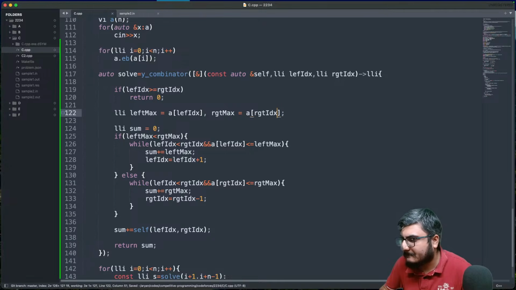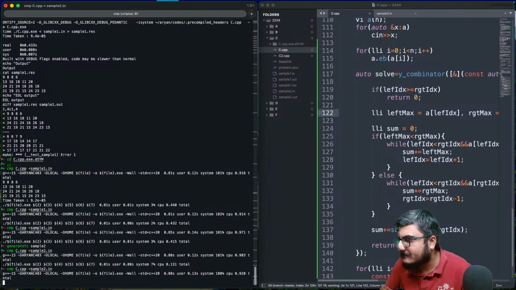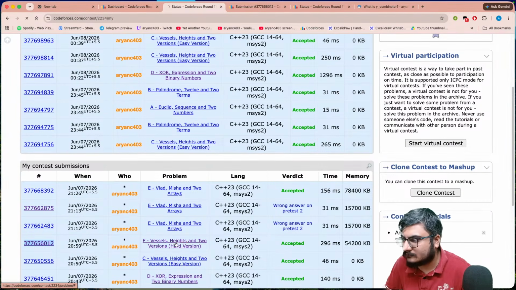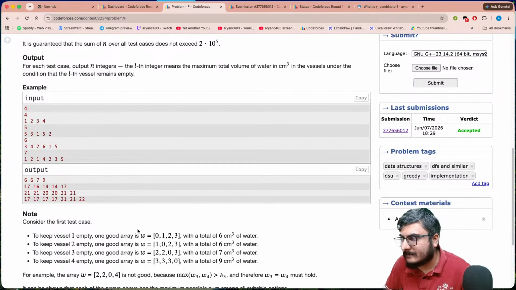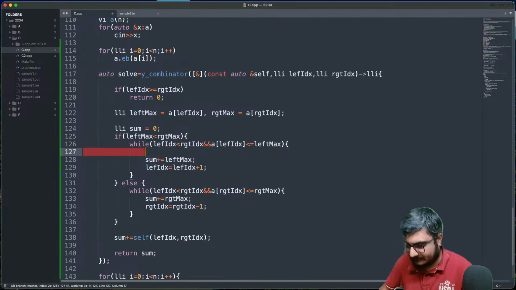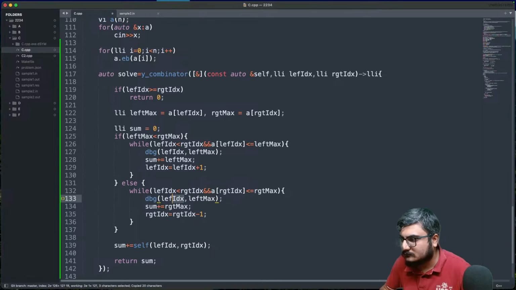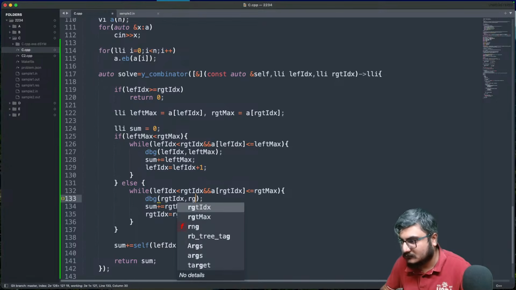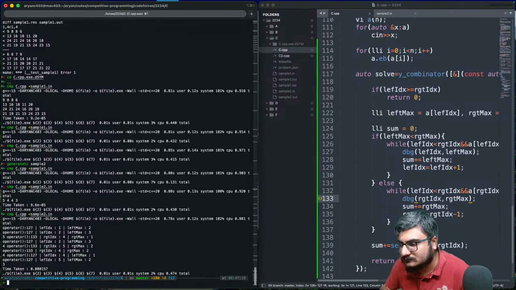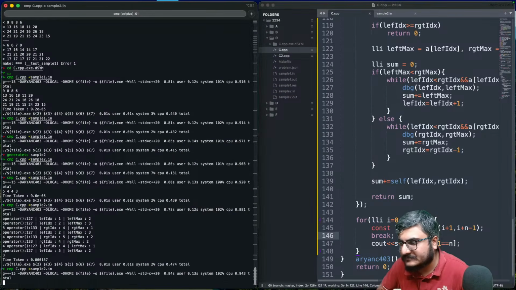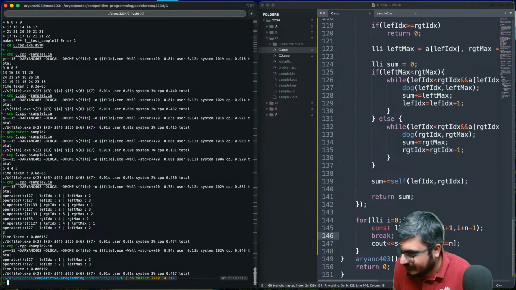This is fine. Okay, looks like I'm missing one of the indexes.